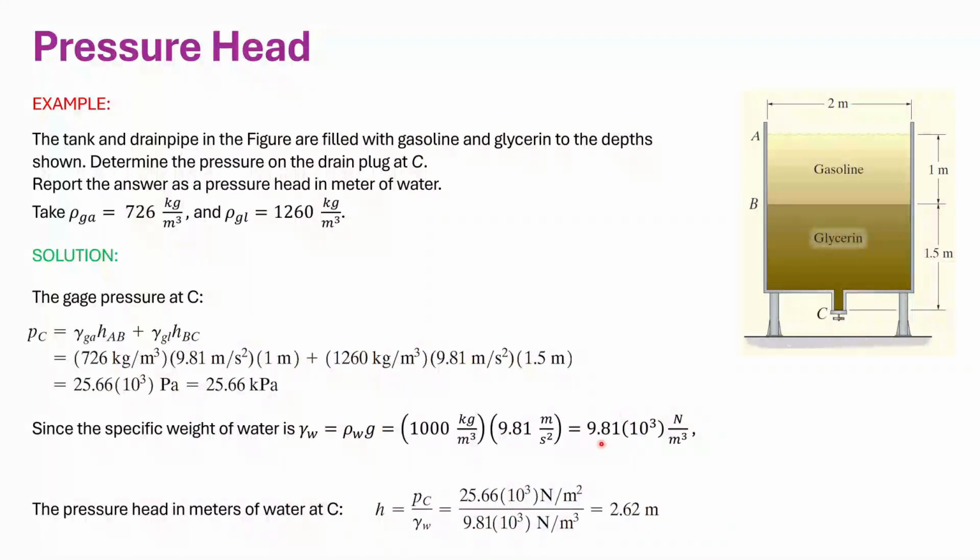So gamma of water is 9.81 times 10 to the third newtons per meter cubed. If we plug in numbers here, we already found PC, so we put it here and then gamma of water here. So we get H equals 2.62 meters, and that is the pressure in terms of water head.